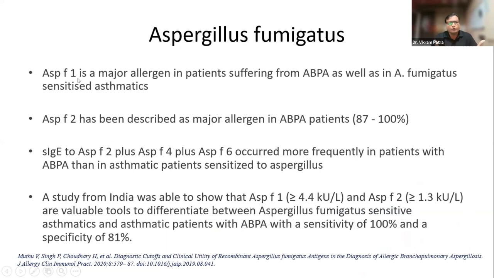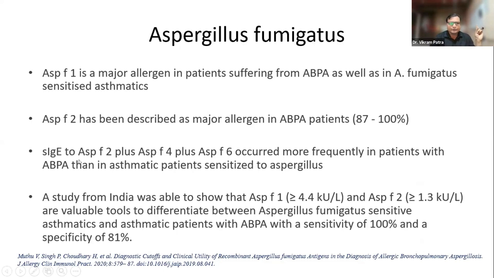So again, this cannot be used to differentiate between ABPA and ASA. I'll call Aspergillus sensitized asthma ASA. But Asp f 2 has been described as a major allergen in ABPA patients. Approximately 87 to 100% of ABPA patients will have Asp f 2 positive. So the sensitivity in asthma is less, but the specificity is more, even against ASA.